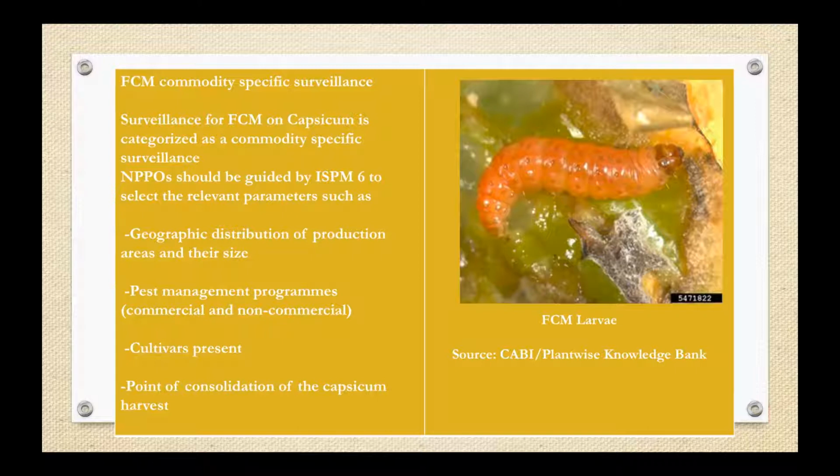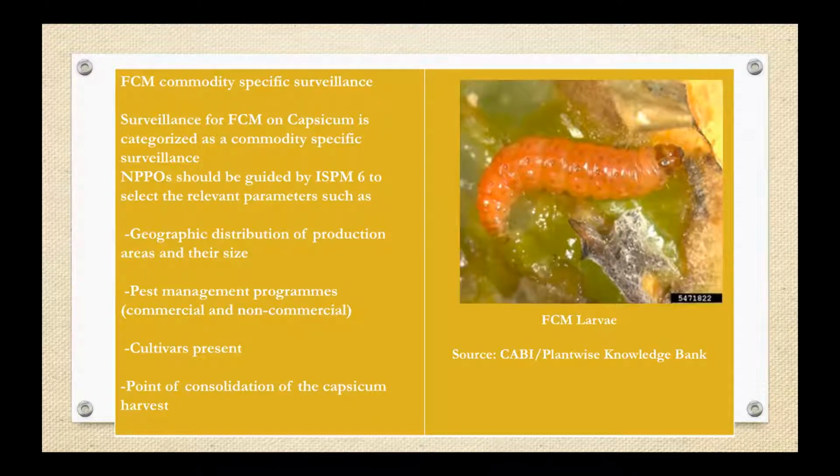You should still continuously engage with ISPM 6 to select the relevant parameters that you are going to use. We did mention the geographic distribution of the production areas and their size.